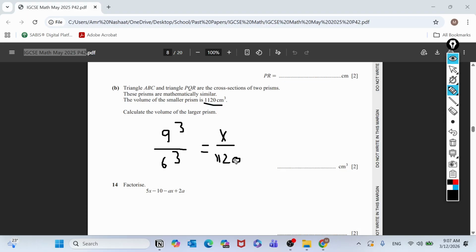Let me just put it on the calculator. 9 cubed over 6 cubed equals x over 1120. You get 3780. Okay, and that should be the answer.